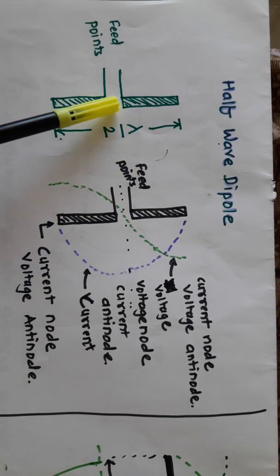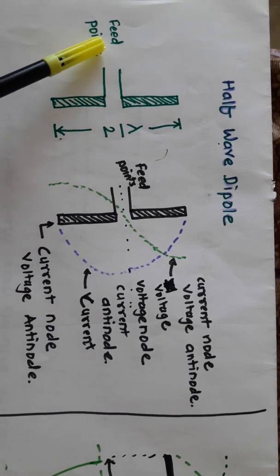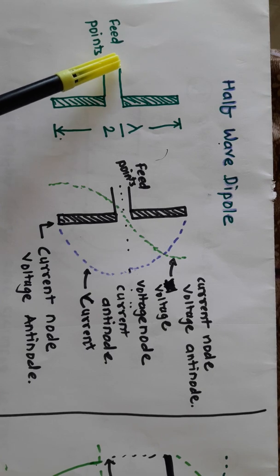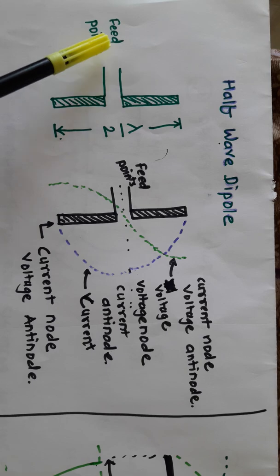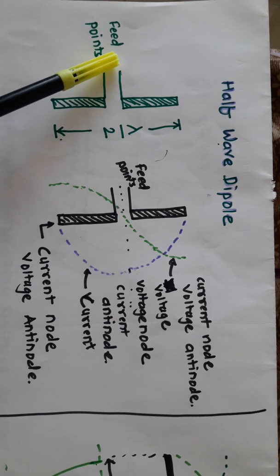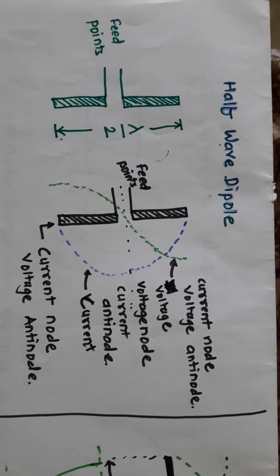Now, whatever input we want to send with the help of this antenna is applied to the feed point. The feed point is nothing but the terminals where we can connect the source or the generator. From the feed point, it is then given to the antenna, right?